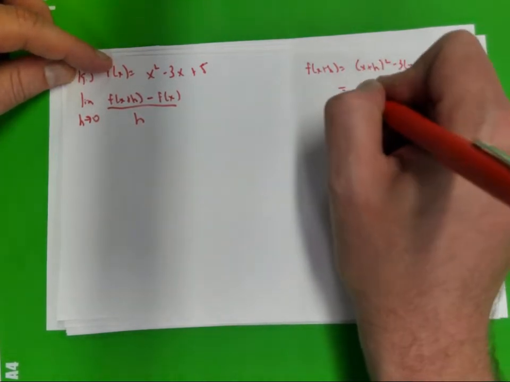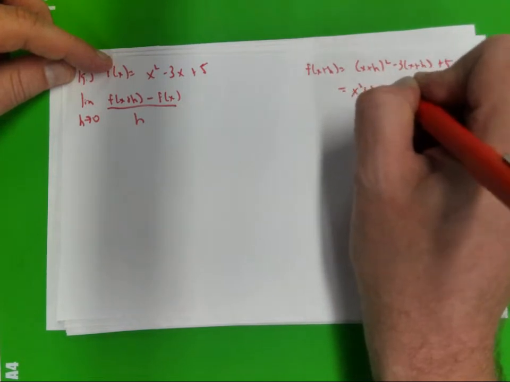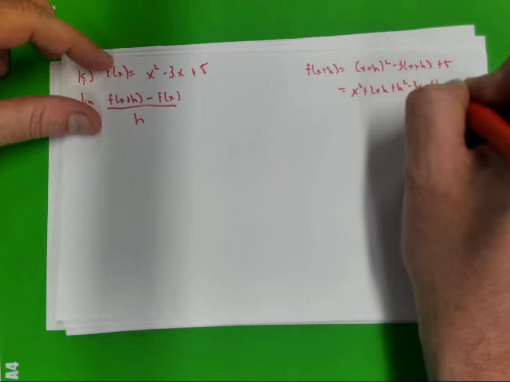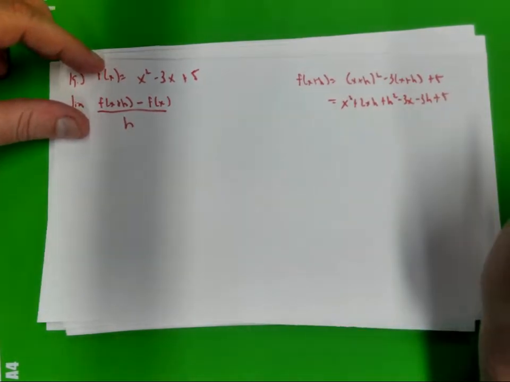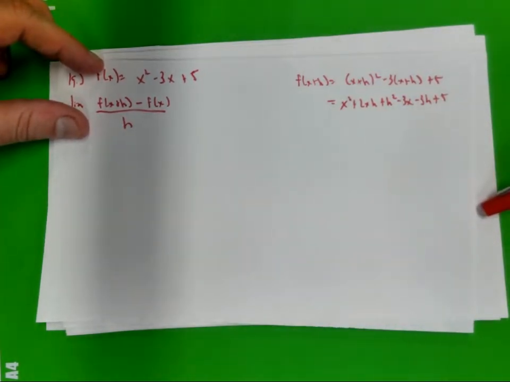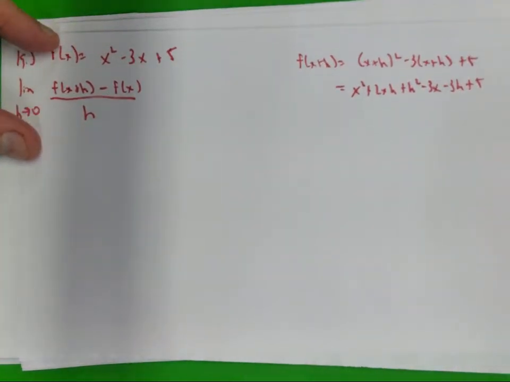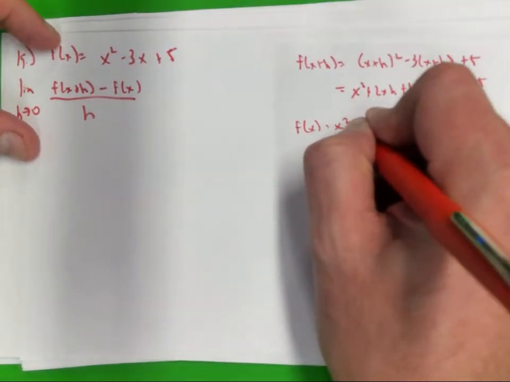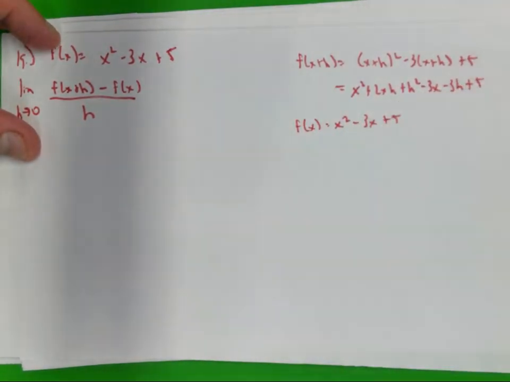I FOIL that out: x squared plus 2xh plus h squared minus 3x minus 3h plus 5. Cannot combine anything there. Now I'm going to find f of x. Take x, plug it in, I get the same thing.